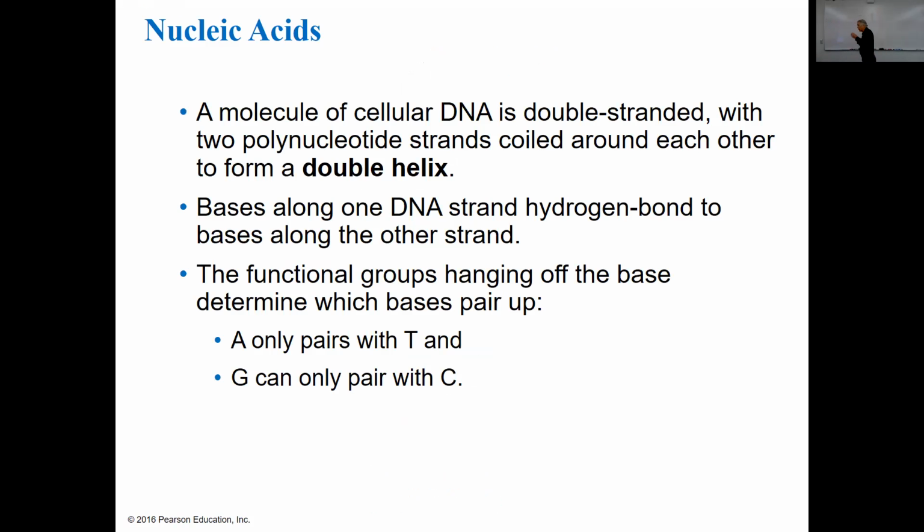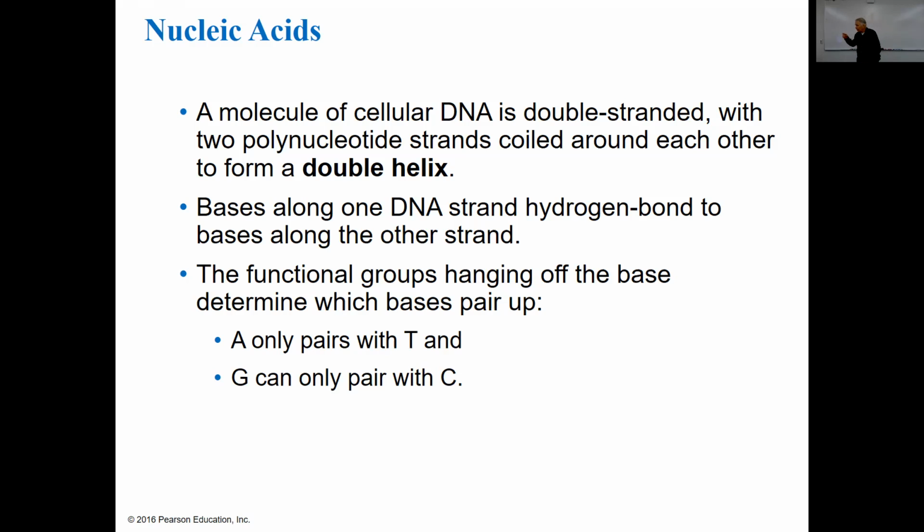So as I mentioned, it's double-stranded. 2 polynucleotide strands coil around each other, form a double helix, like a spiral staircase. Bases along one DNA strand are hydrogen bonded to bases on the other strand. So it's actually hydrogen bonding that holds these 2 strands together in that spiral form.